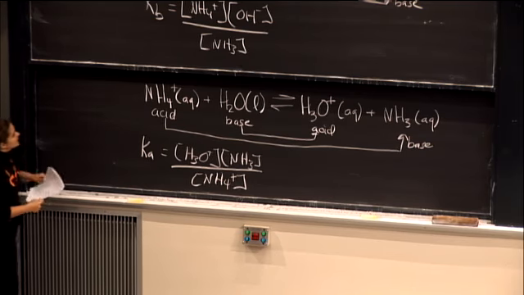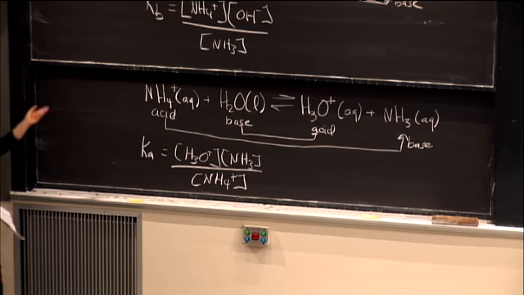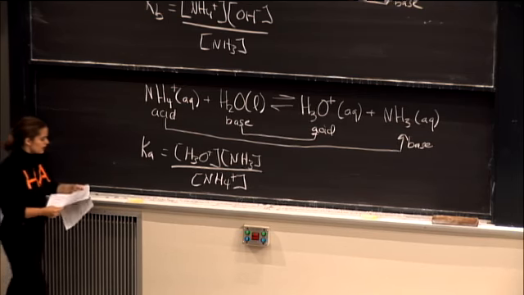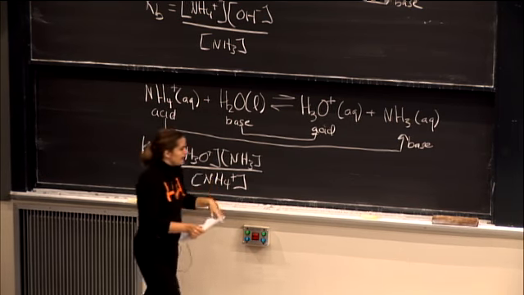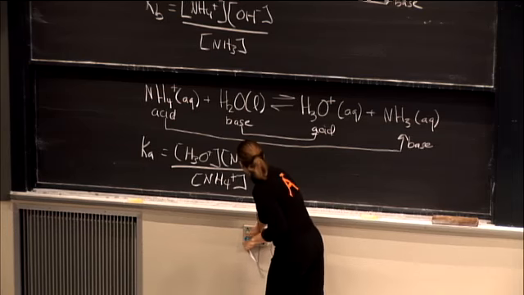So now we have Kas and Kbs written for the conjugates, the conjugate acid of NH3 and NH3 itself. So now we can think about what happens if we take these Ks and we multiply them out together.